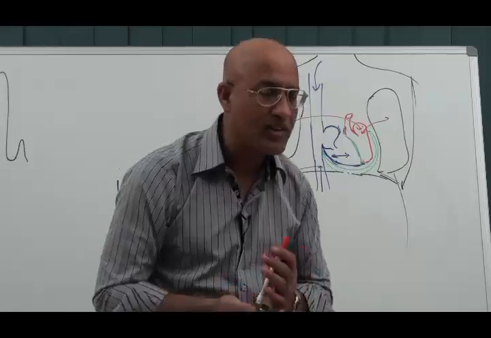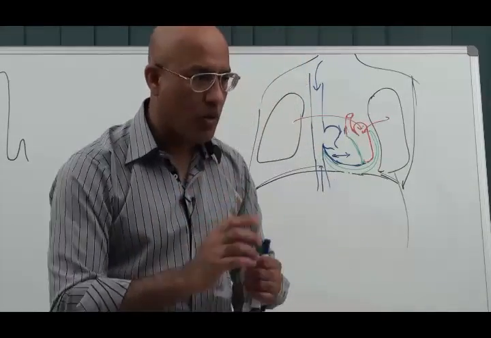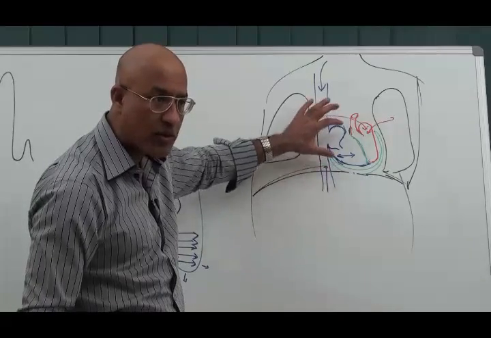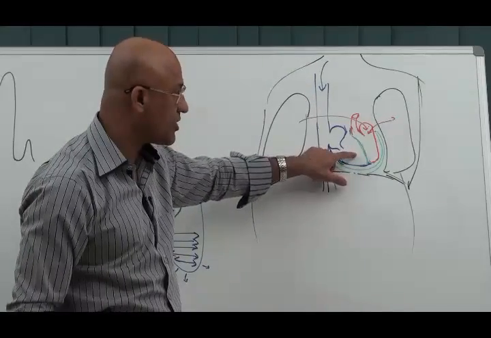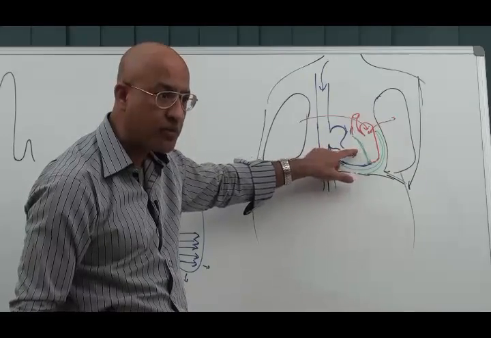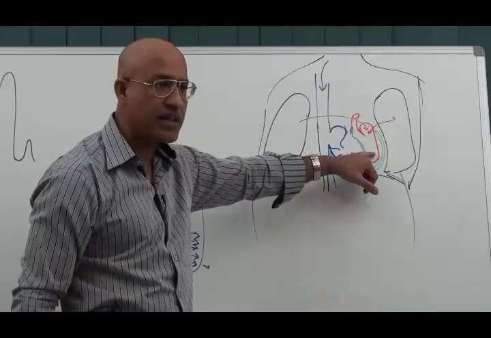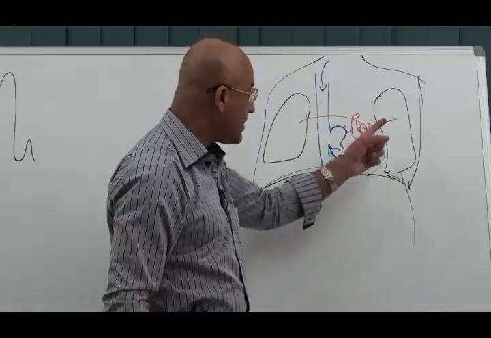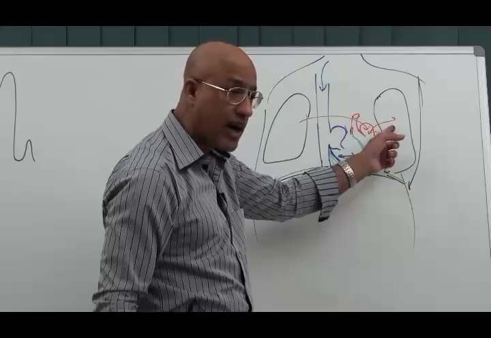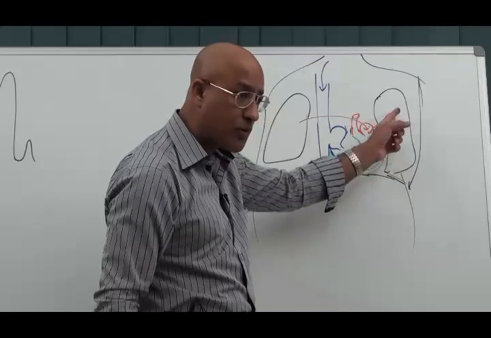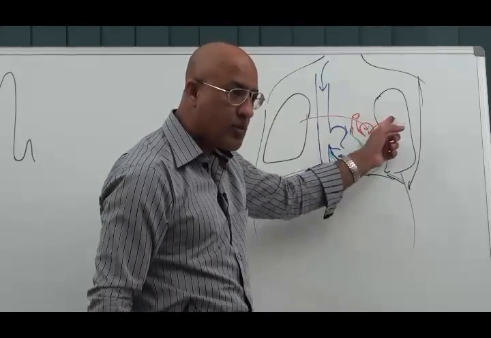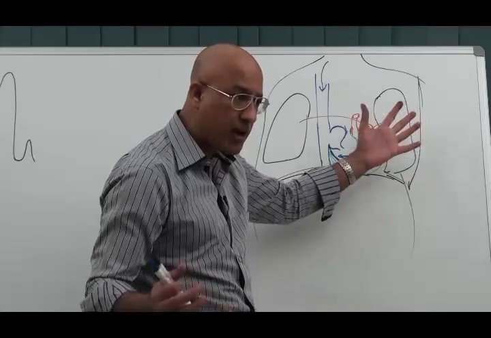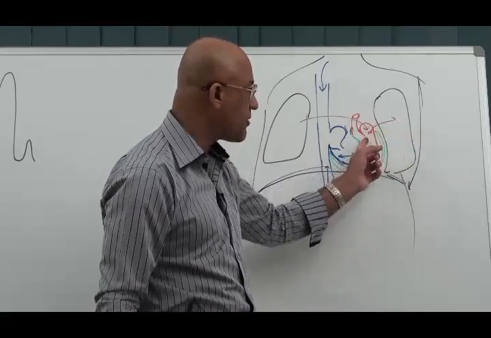So during inspiration, two things happen. One thing is there is negative intrathoracic pressure pulling more blood to the right side of the heart, and right ventricle overfilling slightly pushes the septum to the left, and that makes the left slightly underfilled. The second reason is that the left side of the heart is receiving the blood coming from pulmonary circulation, and as lungs are expanding, pulmonary circulation is compliant and expands, and venous return to the left heart becomes less.